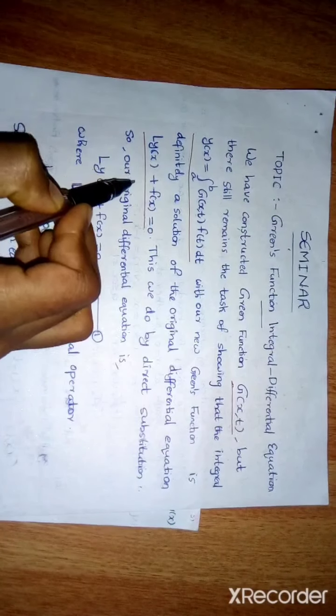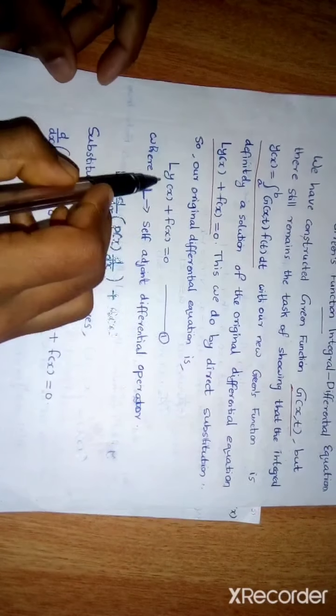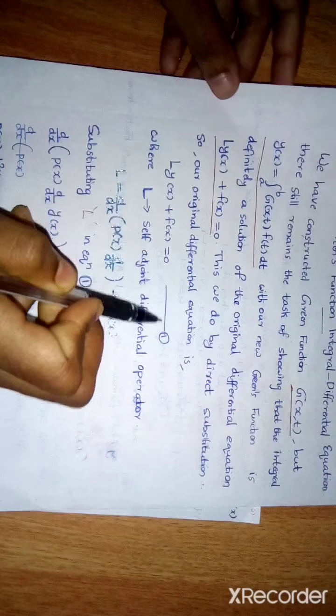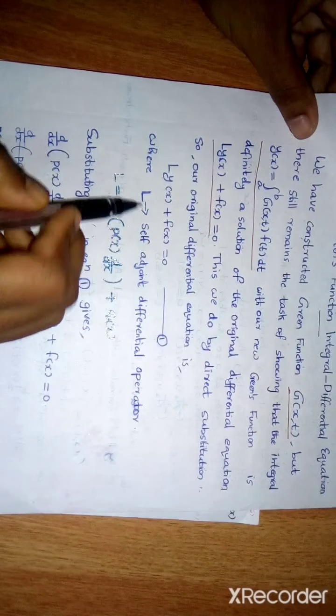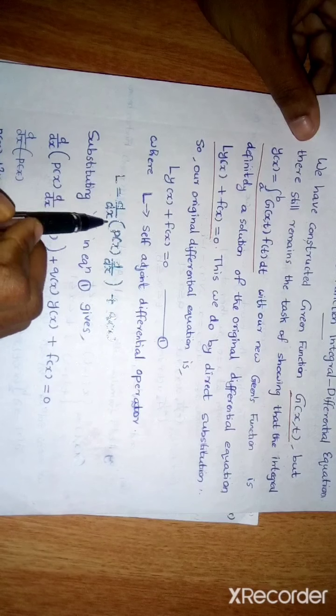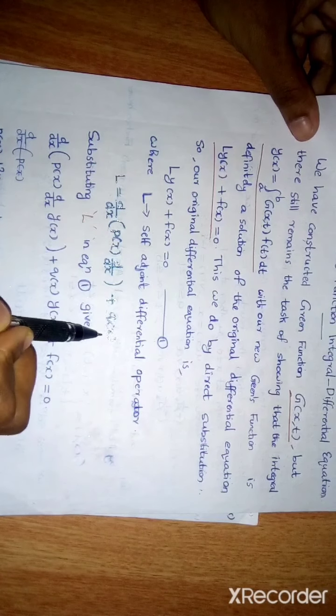To prove this, we take our original differential equation Ly(x) + f(x) = 0, equation number 1, where L is a self-adjoint differential operator given by L = d/dx (p(x) d/dx) + q(x).